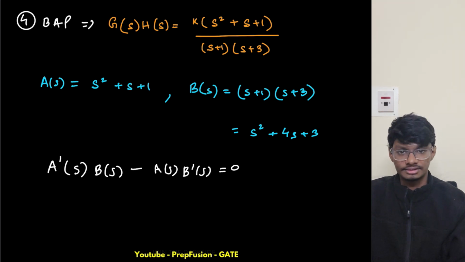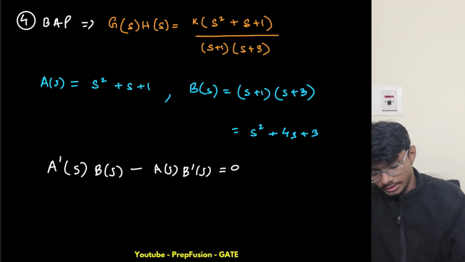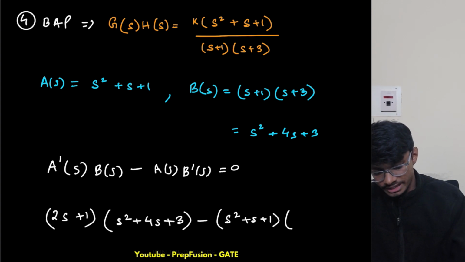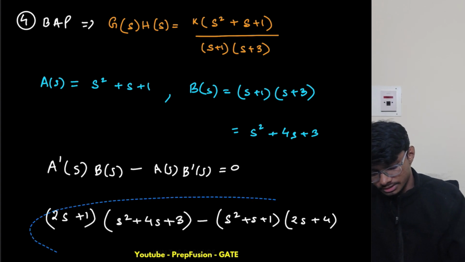I'm directly writing the conclusion. A dash of s is 2s plus 1 into B of s, which is s square plus 4s plus 3, minus A of s, which is s square plus s plus 1, into B dash of s, which is 2s plus 4, okay? So yeah, this is this one.